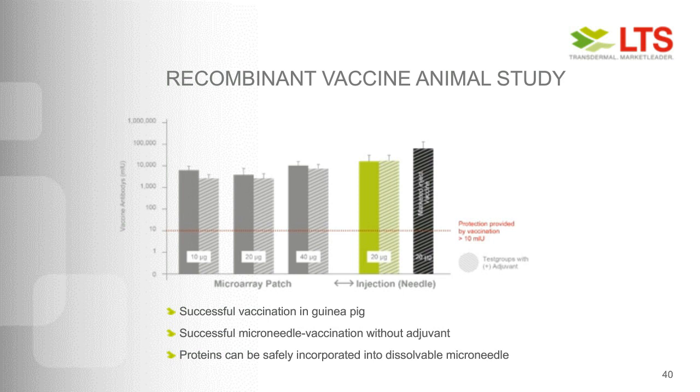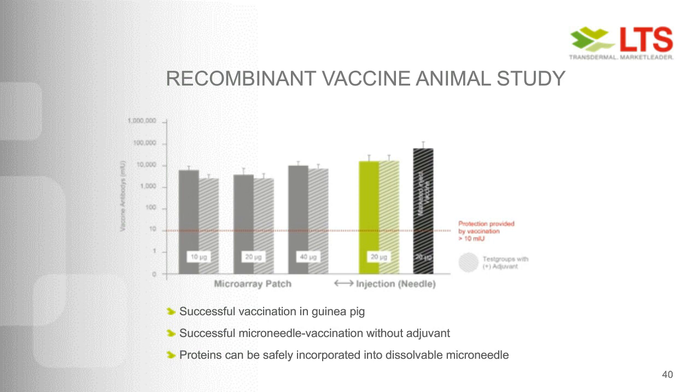What we showed was you can successfully vaccinate a guinea pig without an adjuvant, and that this kind of macromolecular structure can be safely incorporated and manufactured with the manufacturing process you saw before in a dissolvable microneedle.